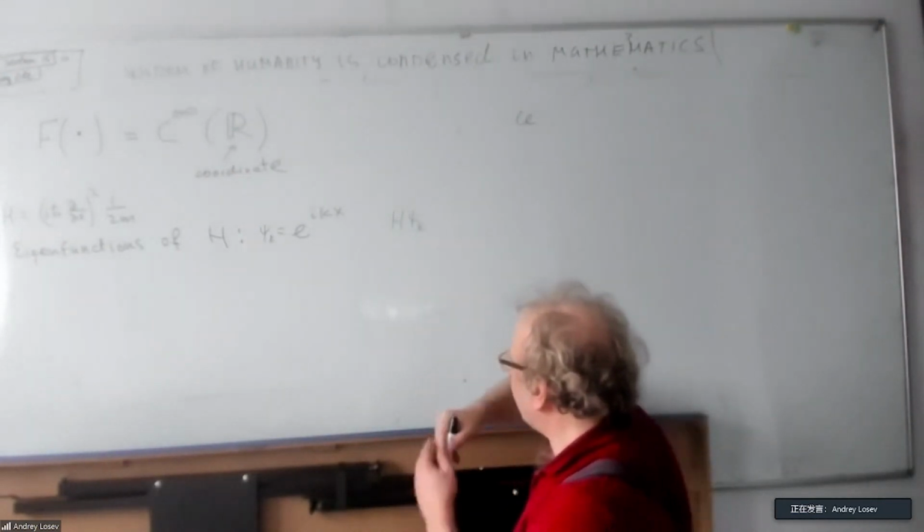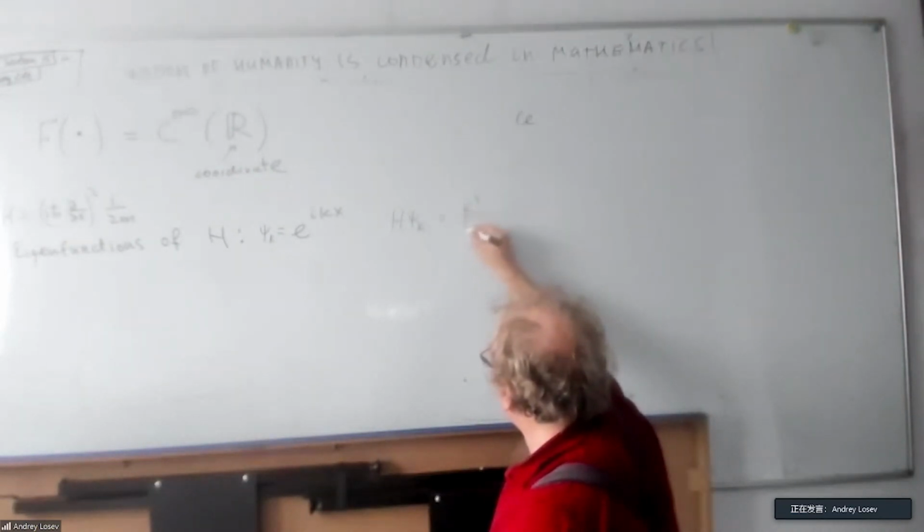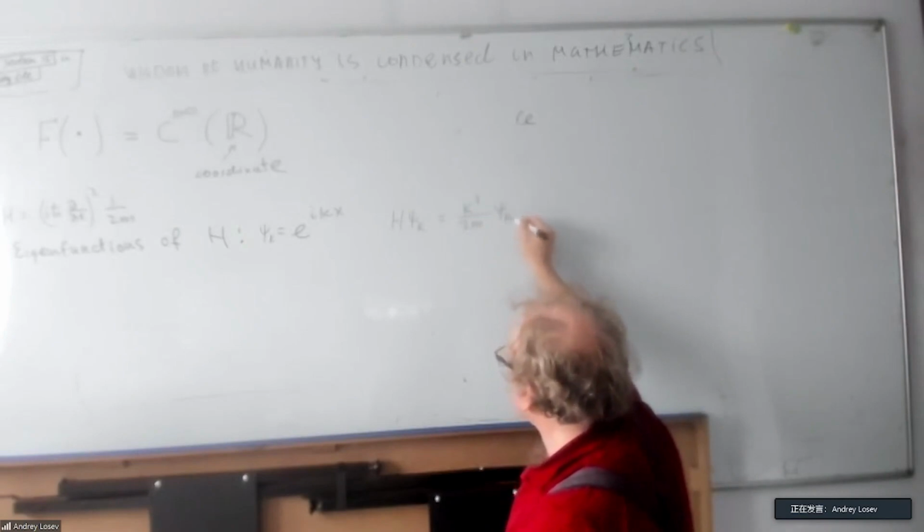H applied to psi-k is h-bar squared k squared over 2m psi-k.